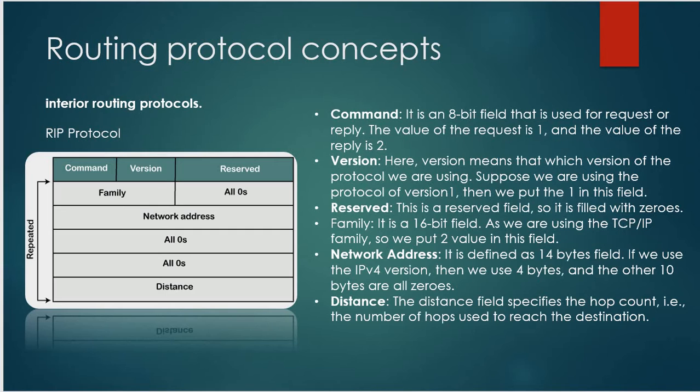For communicating between two router devices using the three types of routing information protocol, we have to convey some information. So we need a reserved field to add some information. It is initially filled with zeros, all zeros.